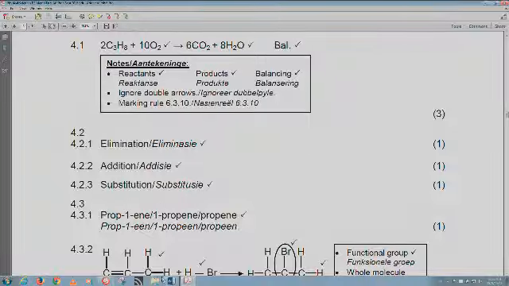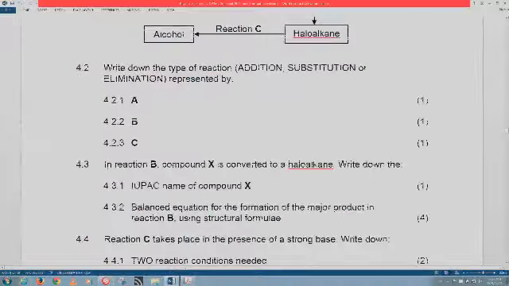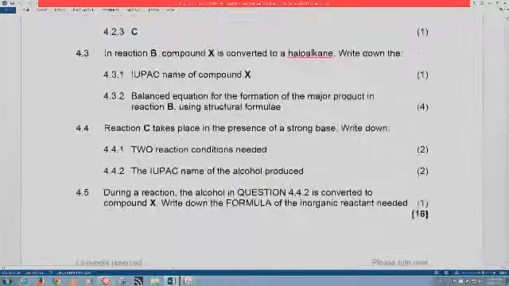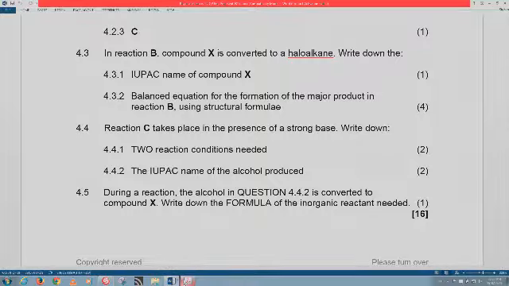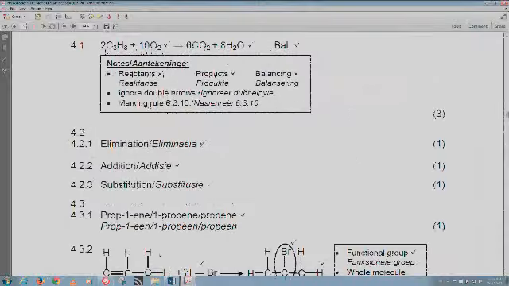Now for 4.3, in reaction B, compound X is converted to a haloalkane. Write down the IUPAC name of compound X for 1 mark.